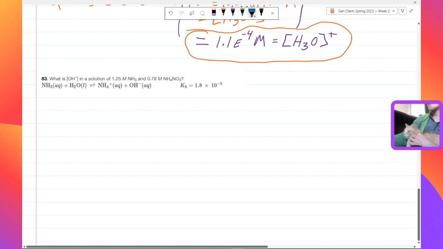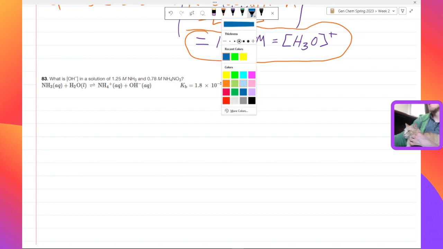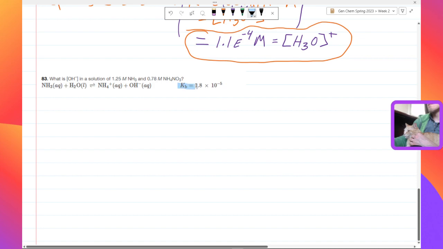Anyhow, here we are with not a Ka given to us this time. This time we're given a Kb. So the definition of Kb is just like Ka, except for our generic chemical equation, we have a base that has a lone pair, and it would love a hydrogen.